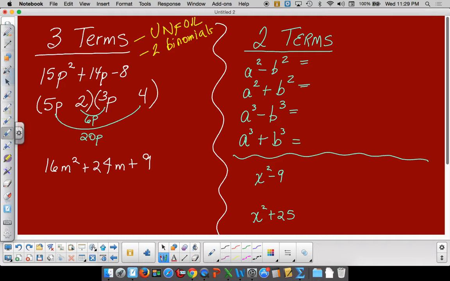And of course we know here that since we have a negative 8, we have to have one positive sign, one negative sign. So I know in this case, since I want a positive 14, I need positive 20 and negative 6, which means I have to put the negative in the first parenthesis, and I have to put the positive in the second parenthesis, and that will now work. Later on, as always, we'll solve trinomials, we'll set them equal to 0, but in this case, we're just factoring, so you're quitting right there with the factors.